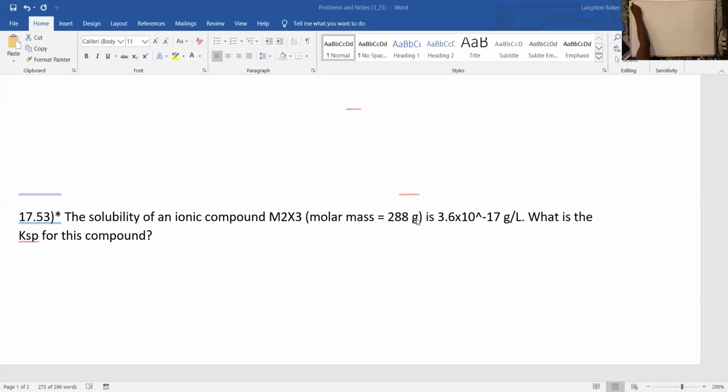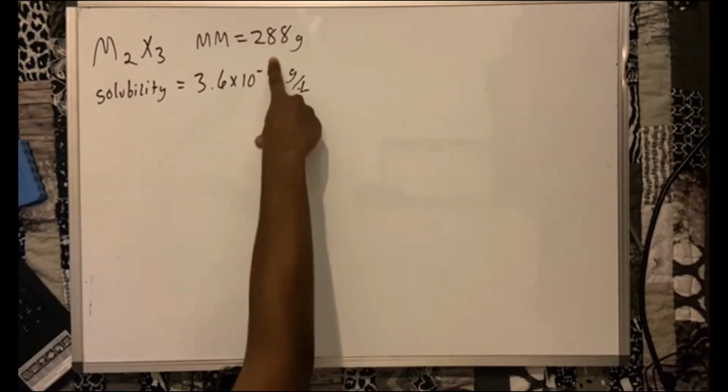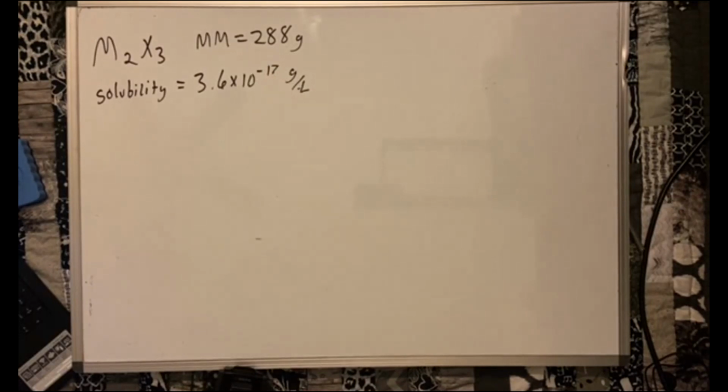So N2H5NH3I, the molar mass is 288 grams per mole, and then the solubility is 3.6 times 10 to the negative 17 grams per liter. Again, we're looking for the Ksp.